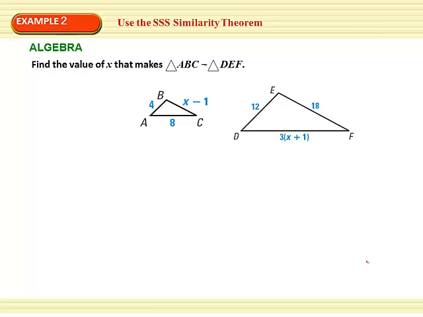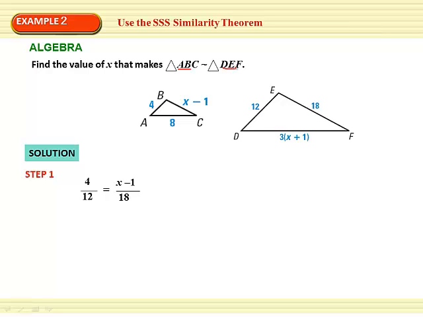Okay, so it says find the value of x that makes triangle ABC similar to triangle DEF. And this is using the side, side, side similarity. So what I can do is I can set up a proportion using the corresponding side lengths. So first thing I do is I say 4 is to 12. So AB, which is the length of 4, is to DE, which is 12.